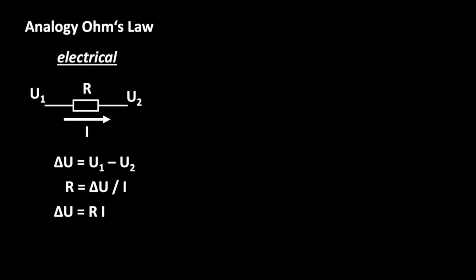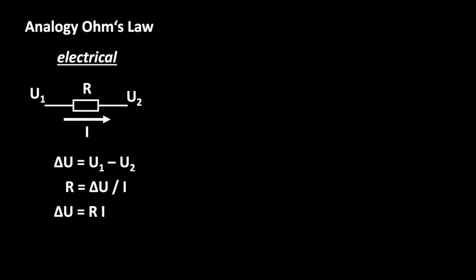Now, what is the analogy that I'm talking about? We know Ohm's law from our school days. And if you are in any way interested in electronics or electrics, then you have used it many times, I'm sure. The electrical resistance is simply the voltage divided by the current flowing through a resistor.